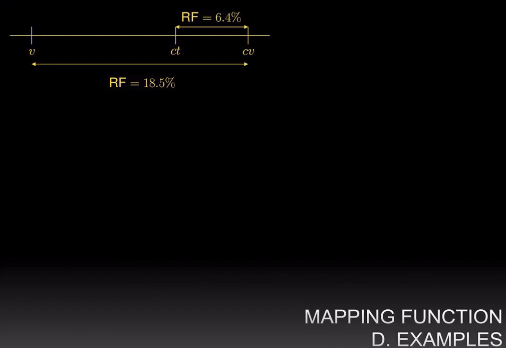So if I make a plot of m and recombinant frequency, it's gonna be something like this, and the recombinant frequency here is 18.5% or 0.185, and we have to find what is the corresponding m.